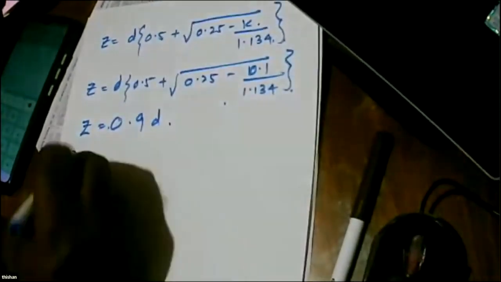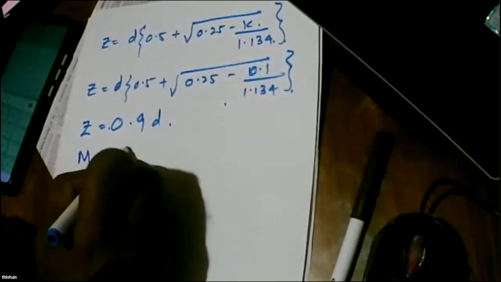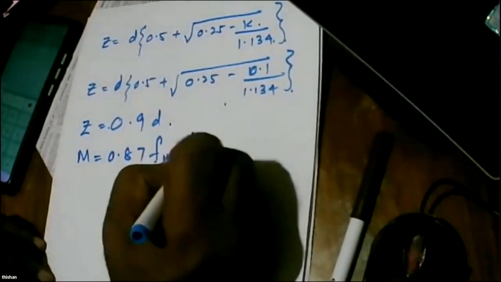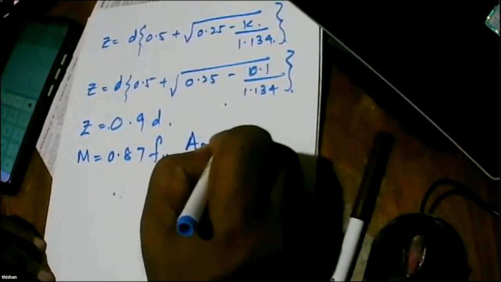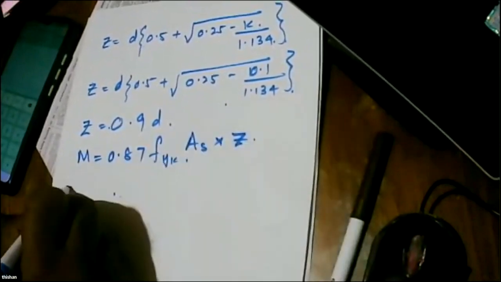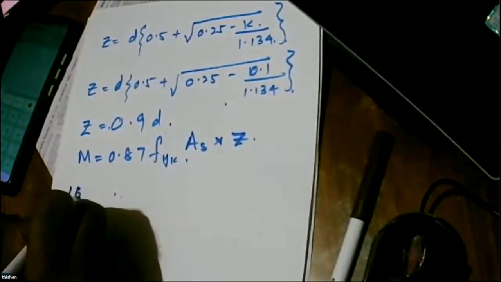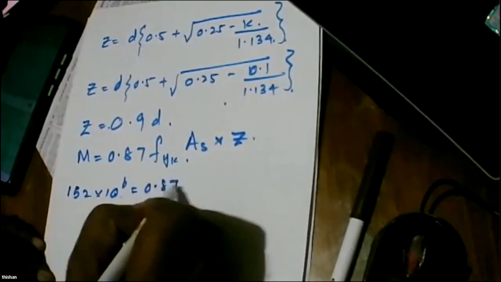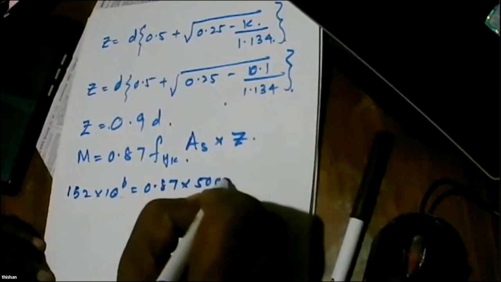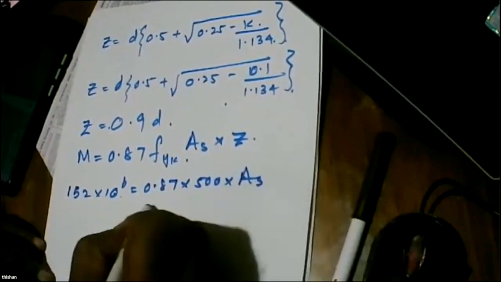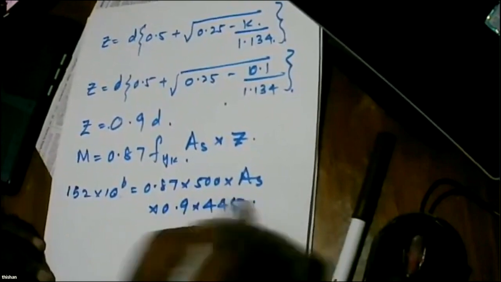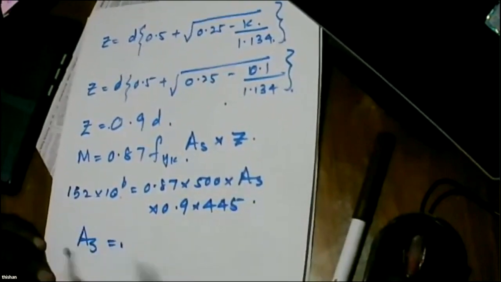Now M is equal to 0.87 f_yk times area of steel multiplied by Z. So the answer is 152 into 10 to the power 6 equals 0.87 into 500 into As multiplied by 0.9 into 145. The only unknown is As, so straight away you can find it.